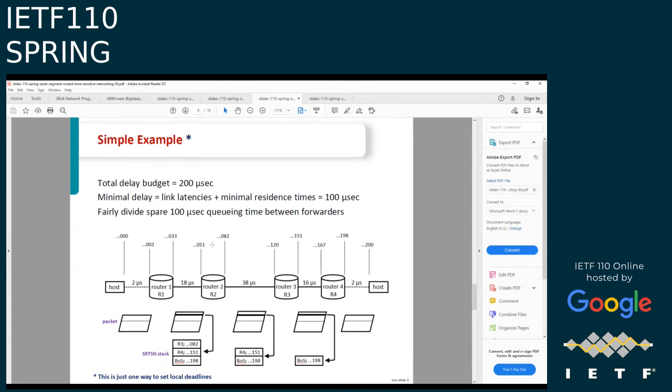And I'm assuming someone does either some kind of time domain reflectometry or at the very least an OAM one-way delay measurement. And you can set it up so that each router knows when the packet has to leave it. And you can look at the draft to understand how I do that. And it does a calculation. If you look at the packet coming in, it doesn't have this header.